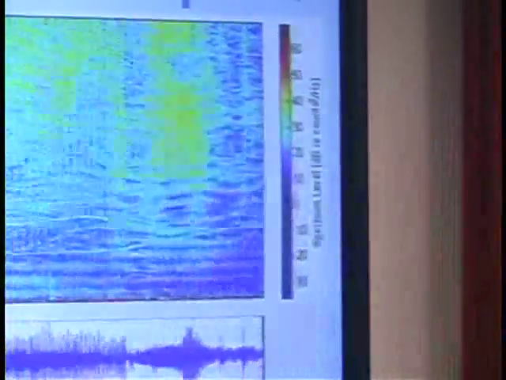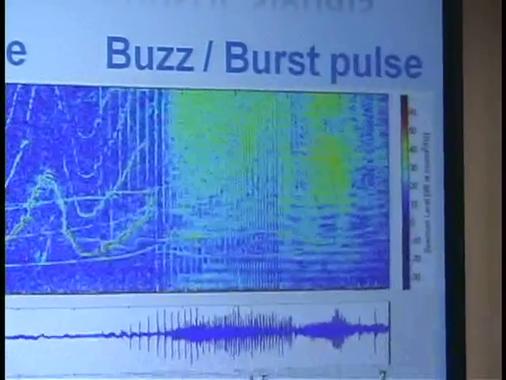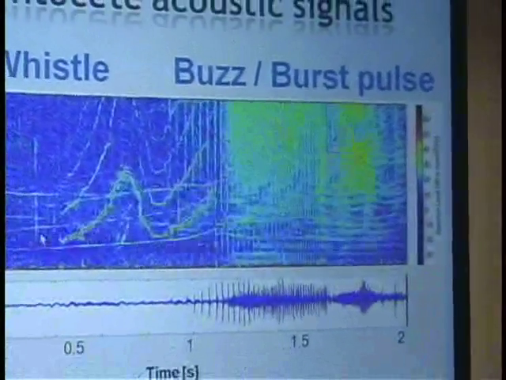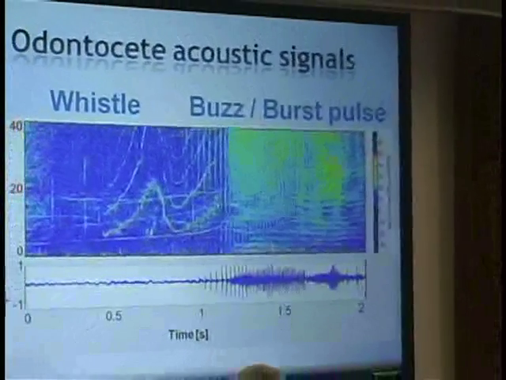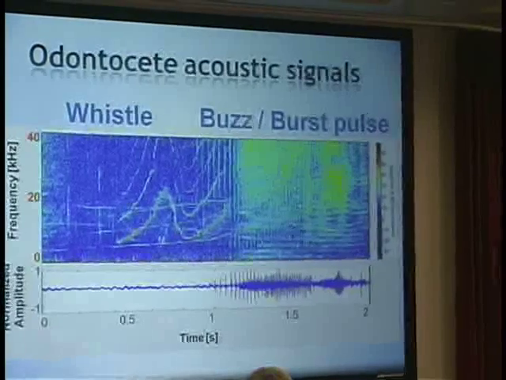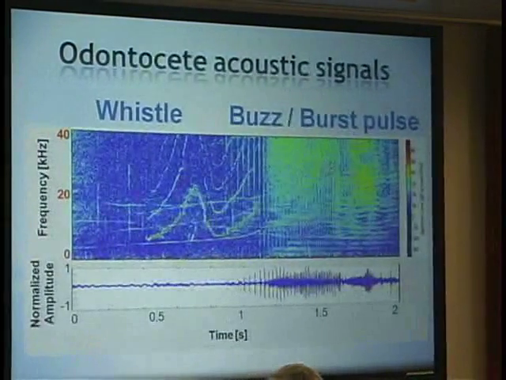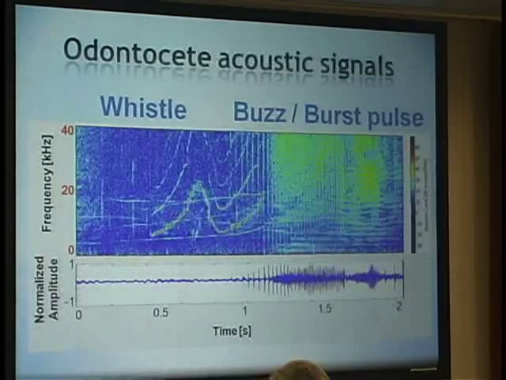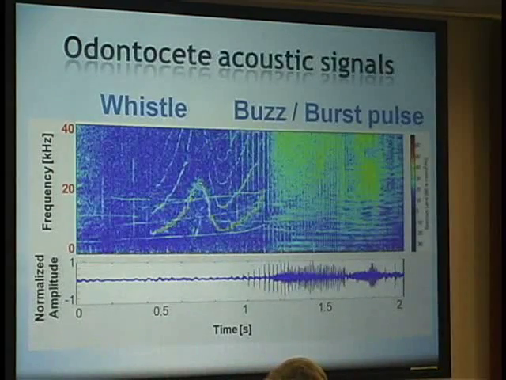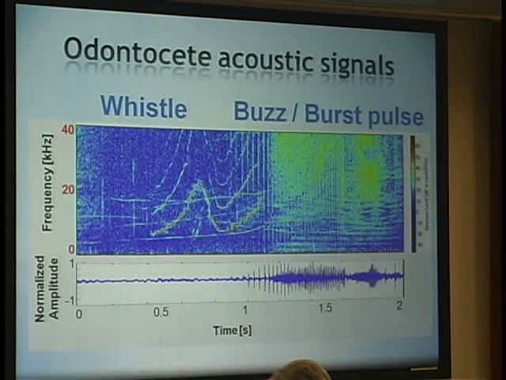Then they also produce, as you likely know, whistles and something called buzzes or burst pulses, depending on the context in which these signals are being produced. So over here, that tonal thing is a whistle, and then these rapid clicks that are lined up very quickly one after the other, that are perceived tonally, are termed buzzes or burst pulses.